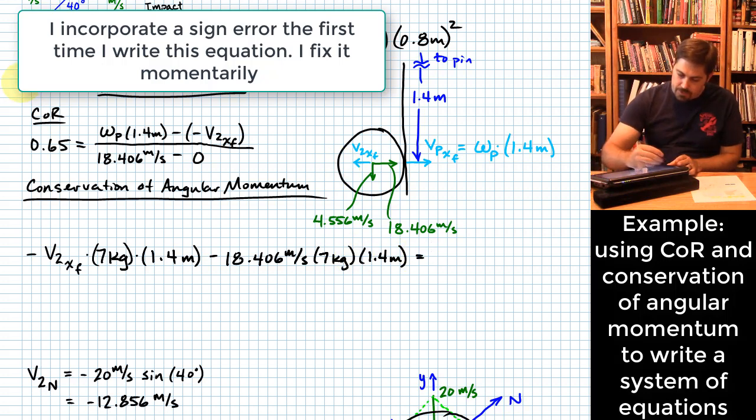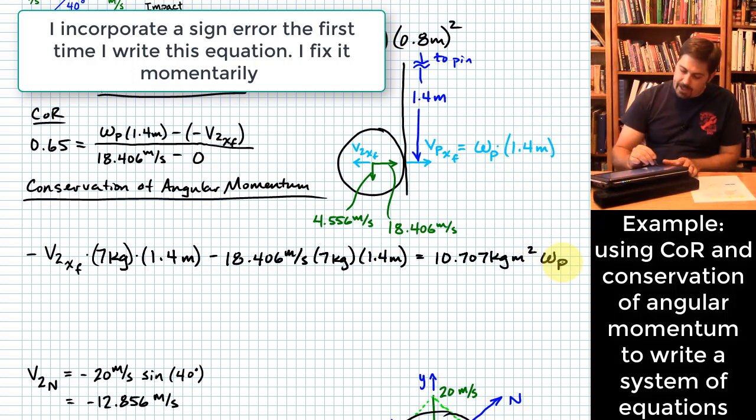This equals the moment of inertia about the pin, 10.707 kilogram meters squared, multiplied by that angular velocity that I have at the end, omega p. It doesn't need the 1.4, just omega p.